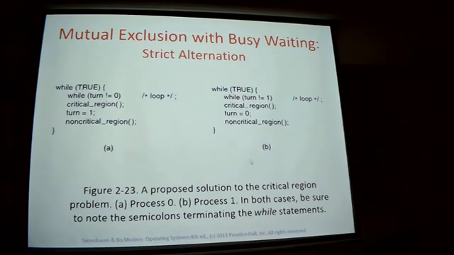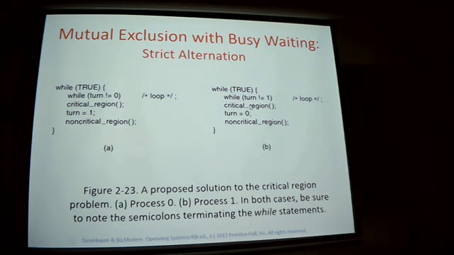Now let's continue with the right part. We focus on this loop. The loop executes continuously when term is not equal to 1. So if the value of term is 1, this loop stops, and we execute this line. It means that process 1 enters the critical region.